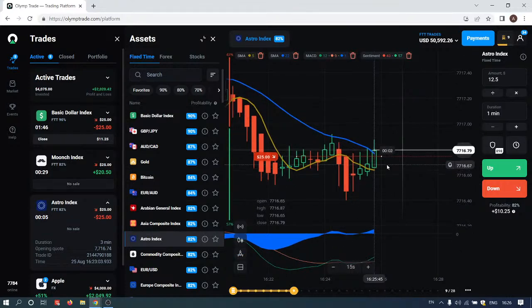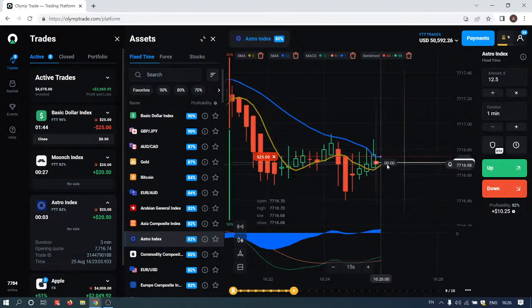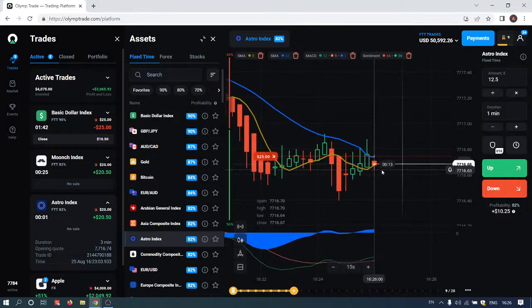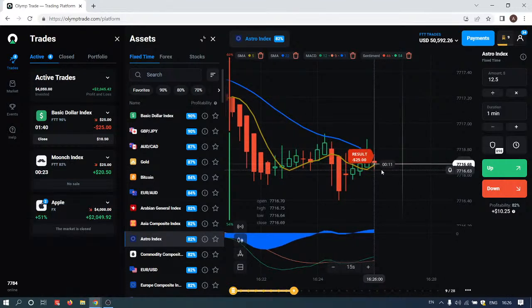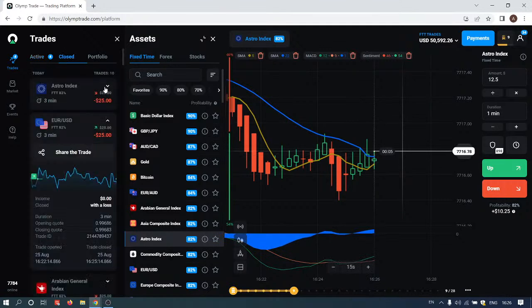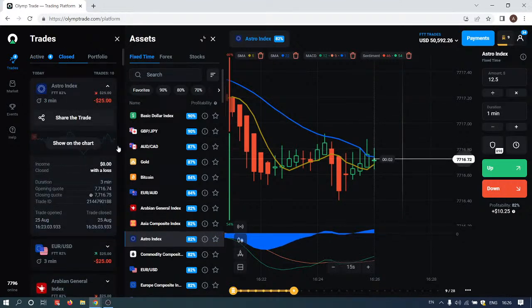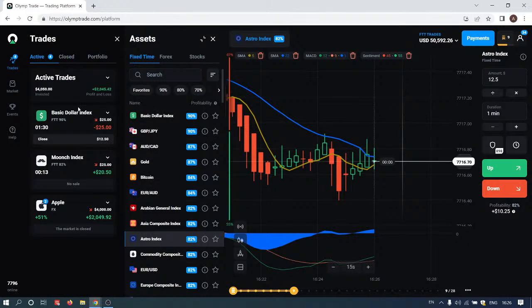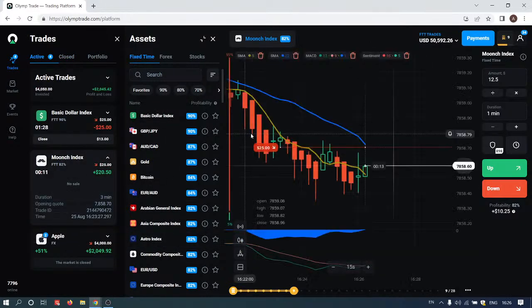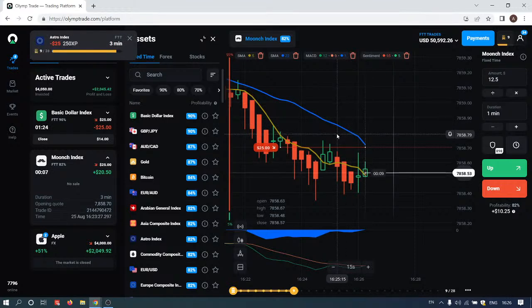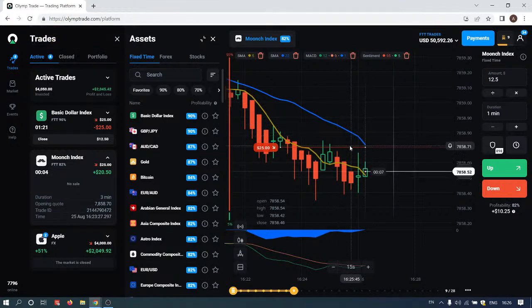I cannot tell for sure that this strategy is going to work on a 15-second time frame. In my opinion, it's a little bit too fast sometimes, but at the same time, it might work. I strongly suggest that you go ahead and test it yourself to see whether it works or not. In my case, it doesn't really work that well, especially compared to higher time frames.